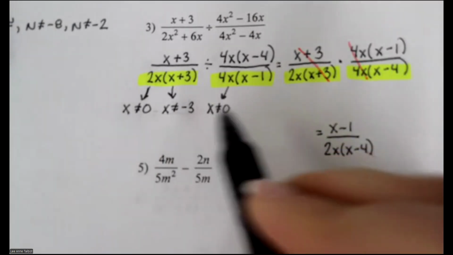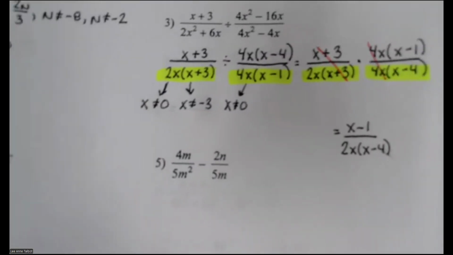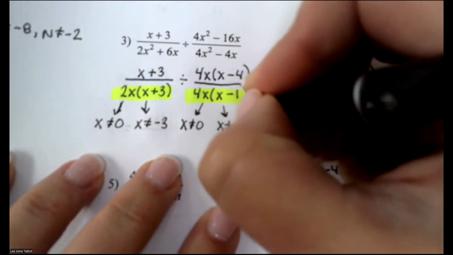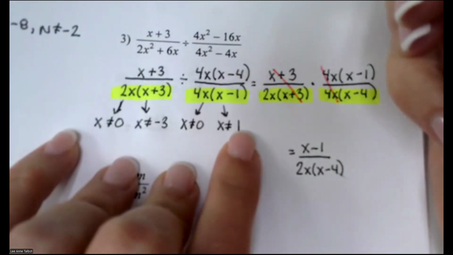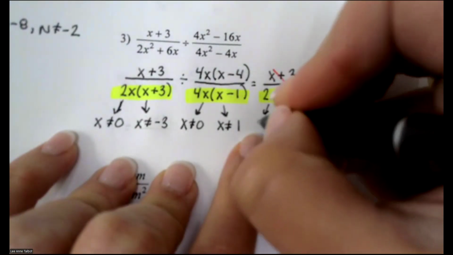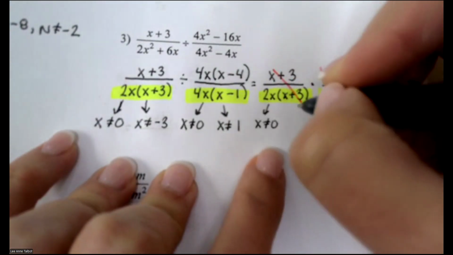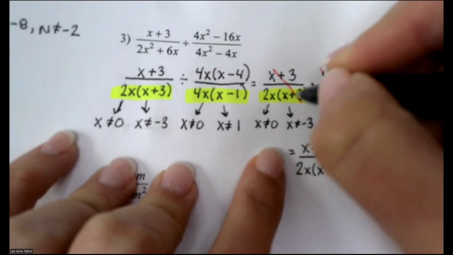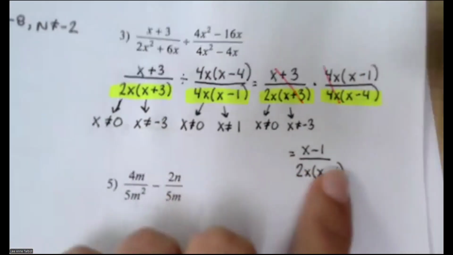This one's 0 again. I'm not going to put it twice in my final list. I'm just being really careful. This is +1. Really could have skipped this whole part because I already did it over there.